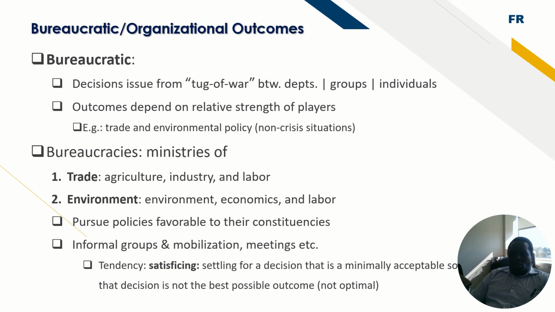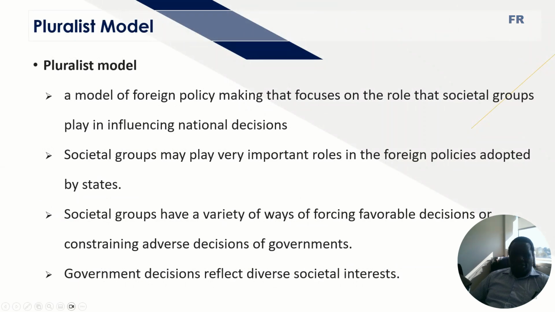And so if you think about some of these, for example, the trade bureaucracies, such as trade, agriculture, industry, and labor, have different outcomes and goals, but also environment, economics, labor, and the environment have different policies that are favorable to their groups, and so we find quite a bit of satisficing.